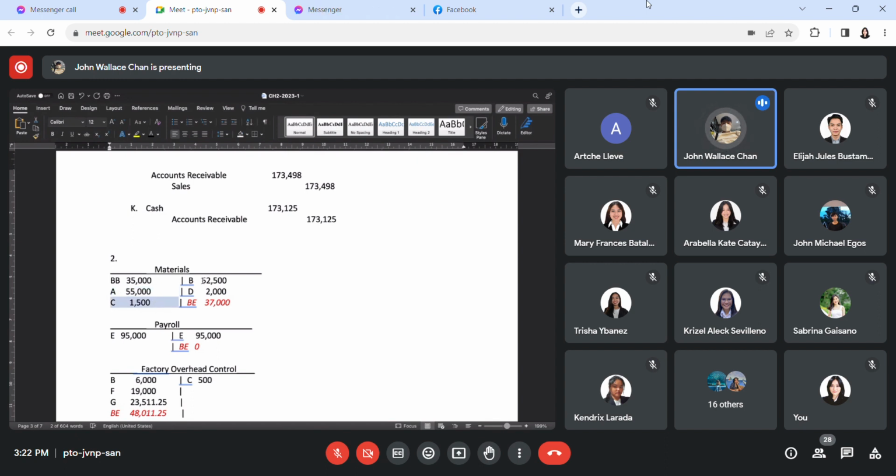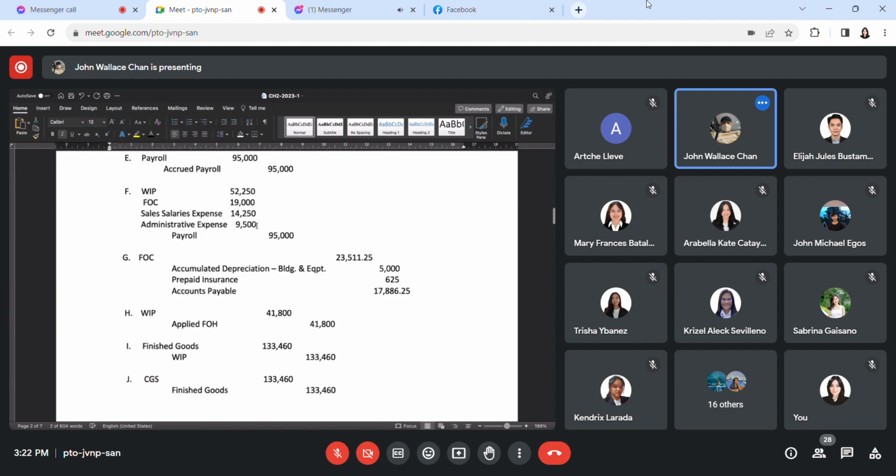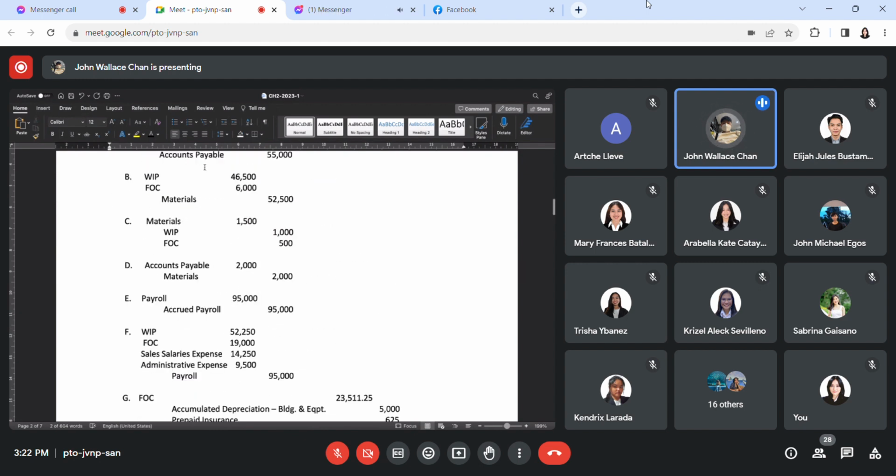And then we credit transaction like 52,500 since we place those materials into production, as it says here, materials requisitioned for production cost. For letter D, we debit 2,000. We debited also 2,000 since we returned materials to the vendor, giving us an ending balance of 37,000. It's basically just that from the transactions that happened here.